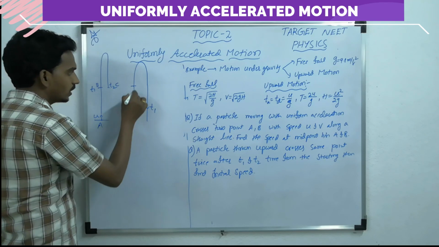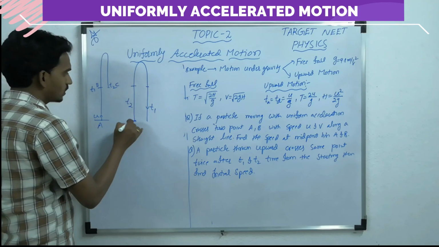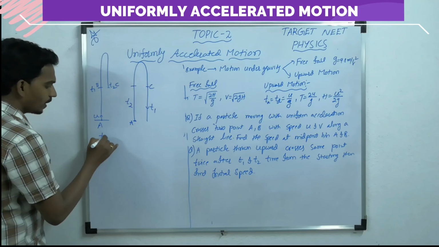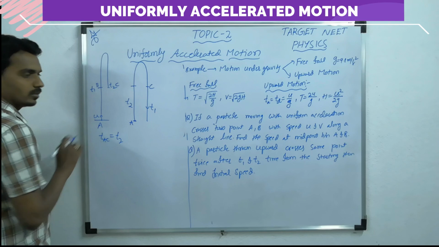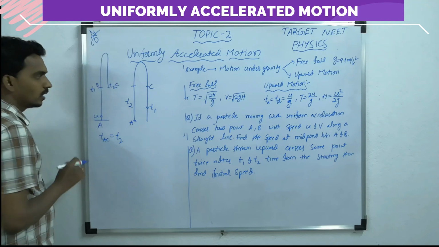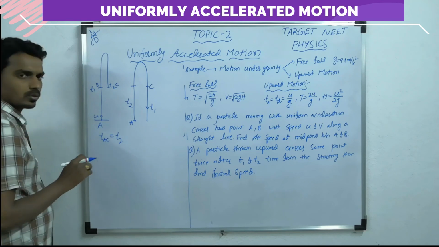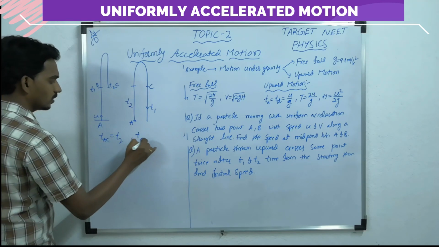So from here to here, this is A, this is C. So time from A to C is t2, and time from A to B is t1, which means time from C to A is also t1.